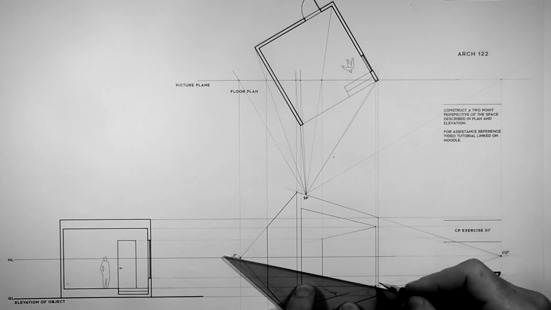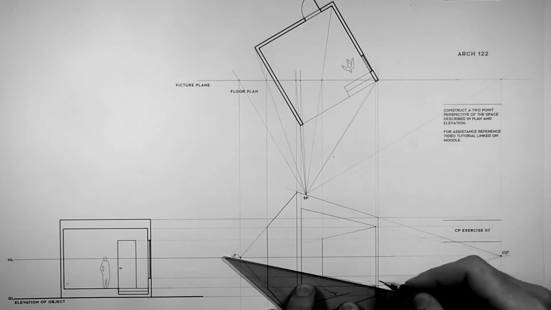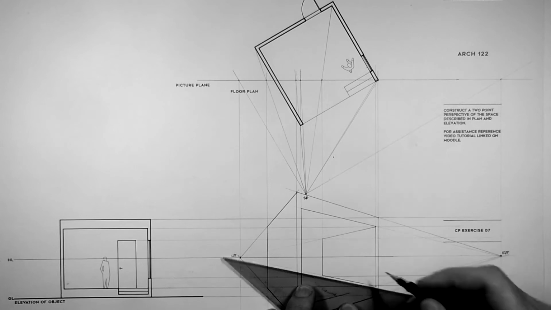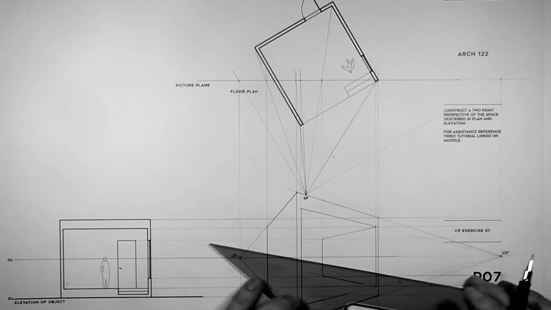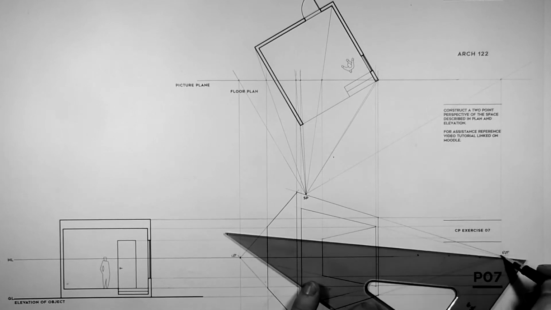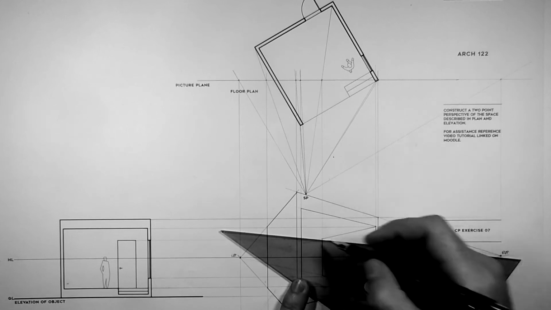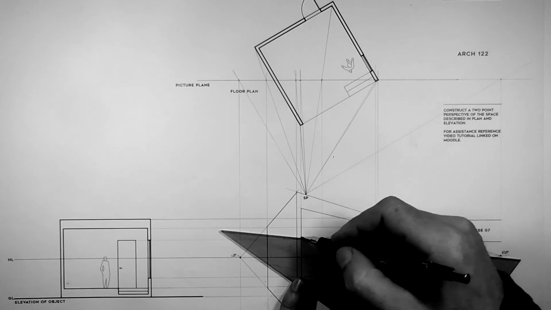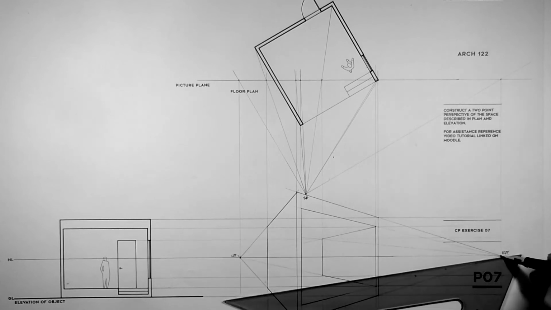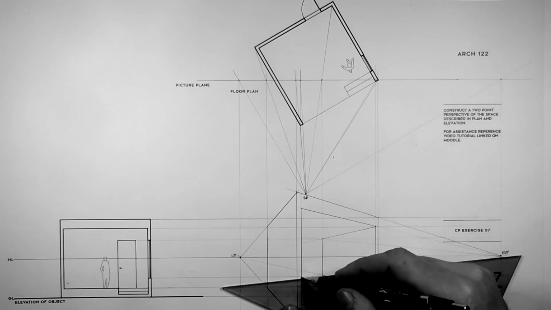A lot of perspective drawing is just connecting the dots. Alright, I'm not going to darken that one all the way because I'm going to leave some room for the steps in that area. So that is the right-hand wall. Now that we have it located, we can start from the right-hand vanishing point, pass through the top corner there, and we can use that vector to define the back wall of the space.